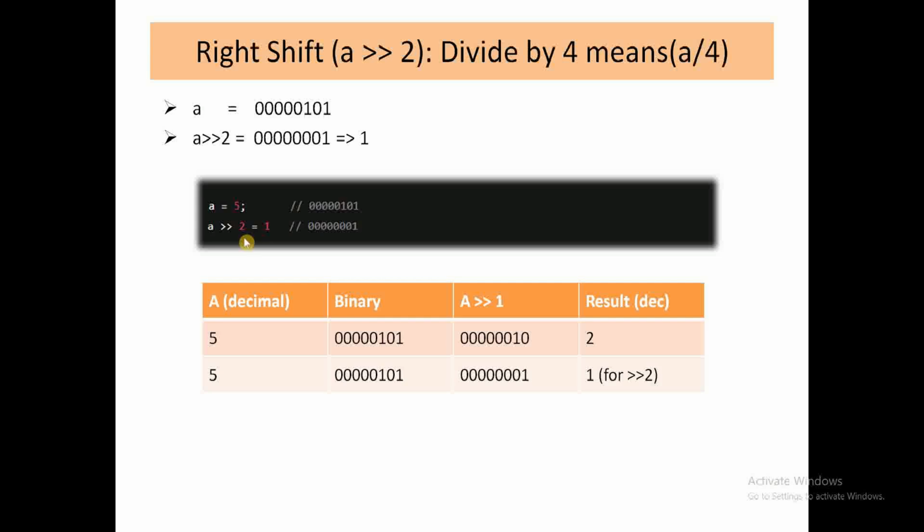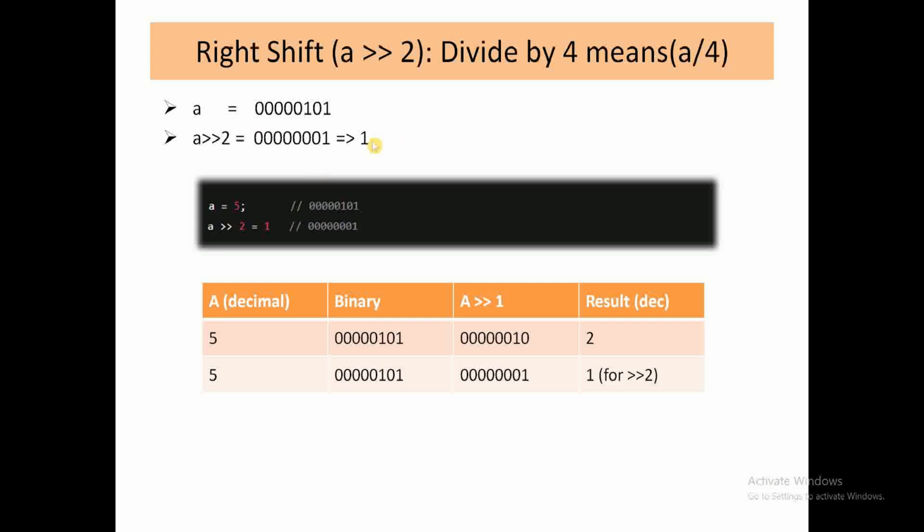And there we are shifting the values to the right side, that is right shift. Here we have to divide the given number, that is 5, by 4, and we get the value 1.